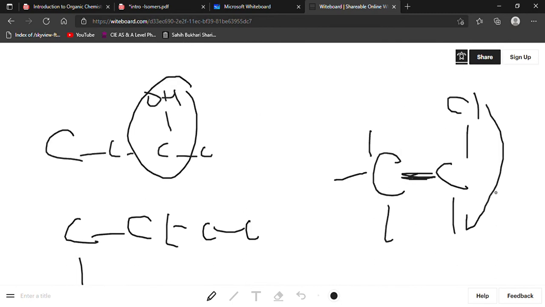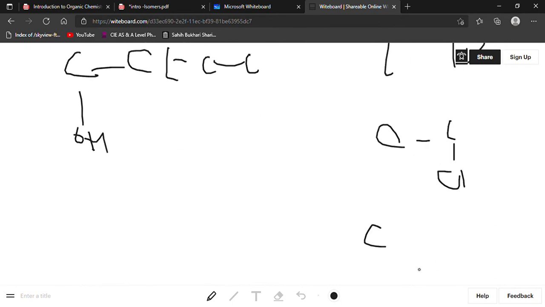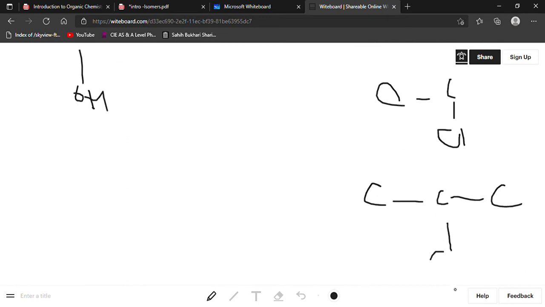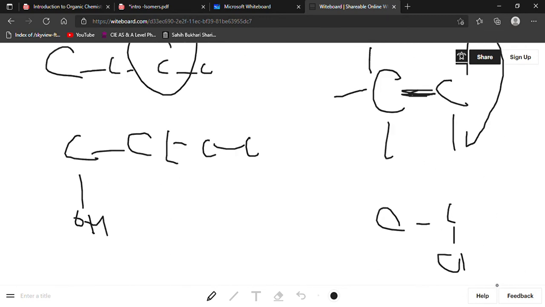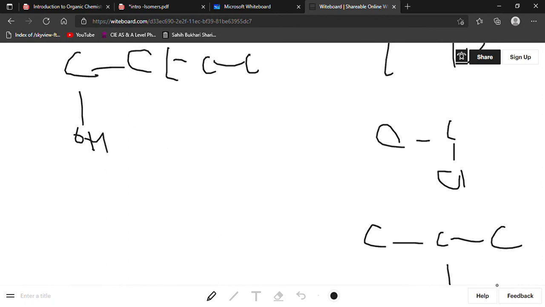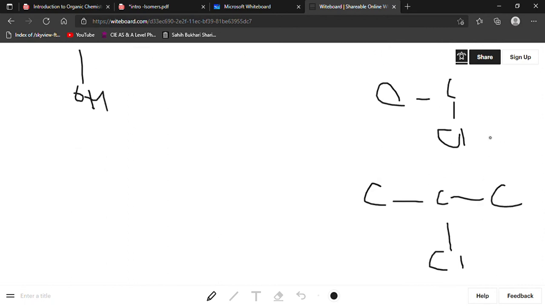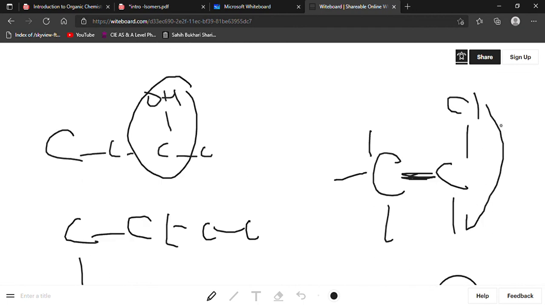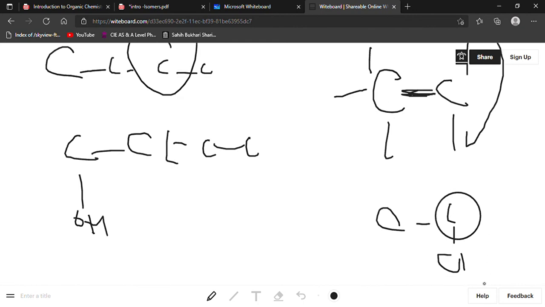The positional isomerism was when you change the number of the carbon where the Cl was. So you put it on the second carbon. The positional isomer took place when you actually change the carbon itself, not when you put it up or down.